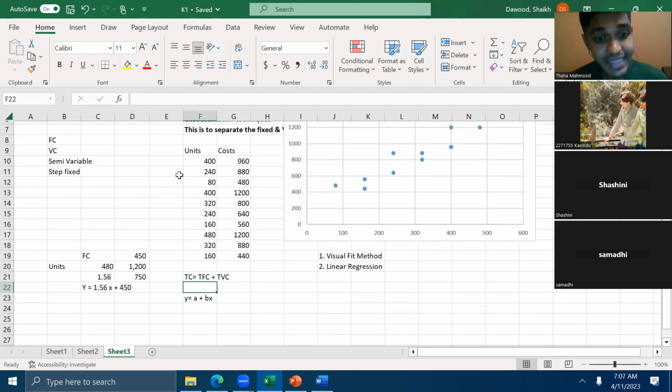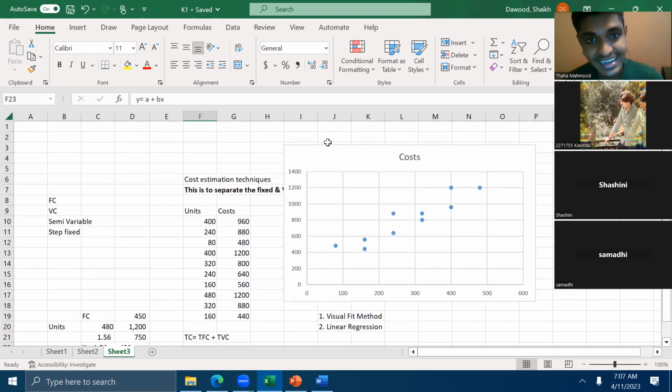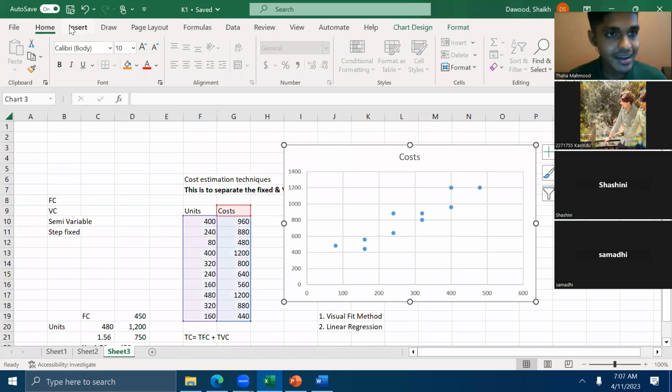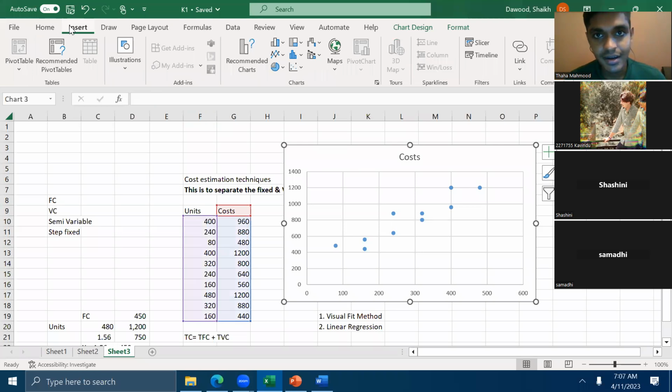Right? Then the second method is the linear regression analysis.